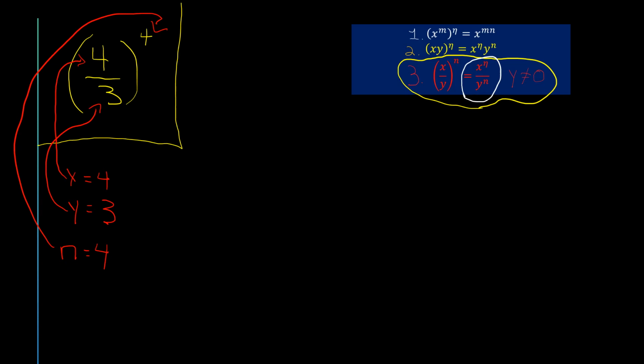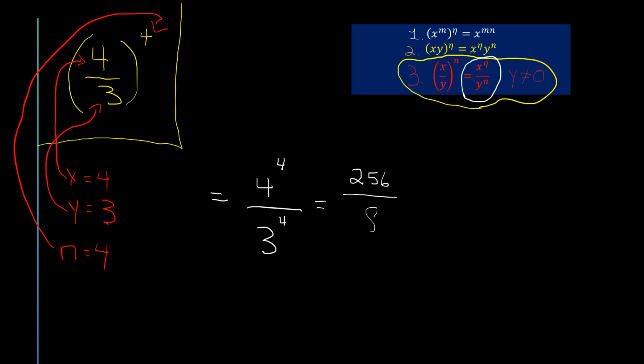Let's go ahead and fill in the blanks. So the quotient rule states that 4 is raised to the fourth power and 3 is also raised to the fourth power, which gives us a new answer. 4 to the fourth will give us 256, and 3 to the fourth will give us 81.